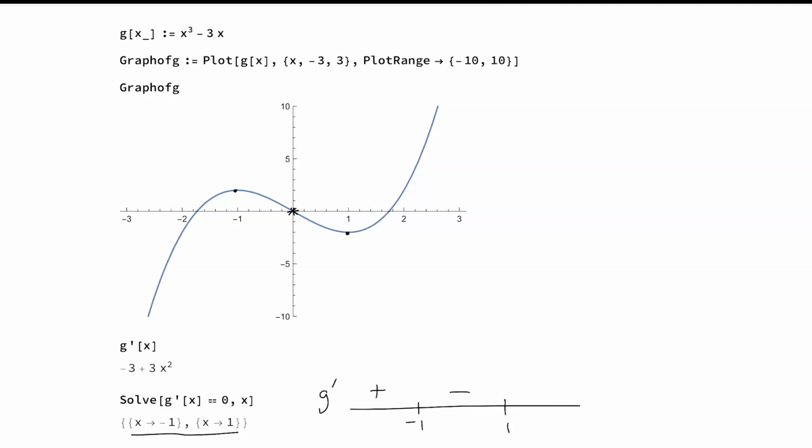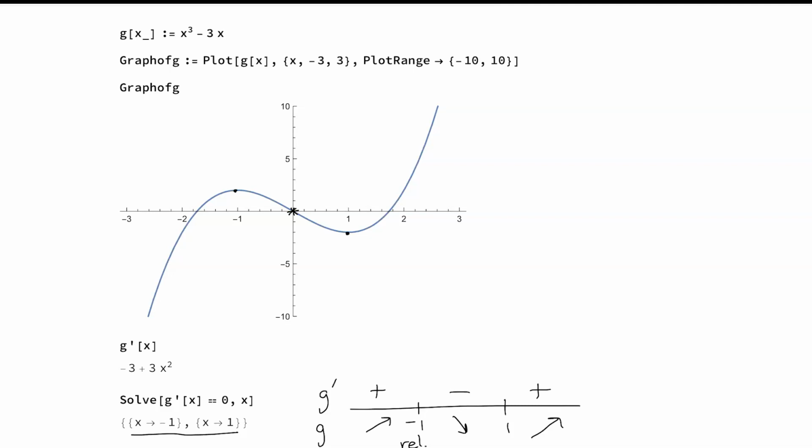Again, any value to the right of 1 will do. You could have picked 2, you could have picked 10. I picked 1.5, and I evaluate g prime, not g, but g prime, because I want to know the sign of g prime. And my output was 3.75, which means g prime is positive.